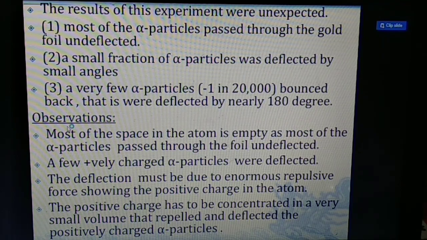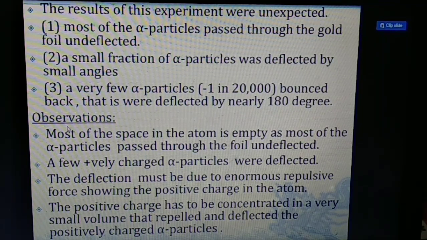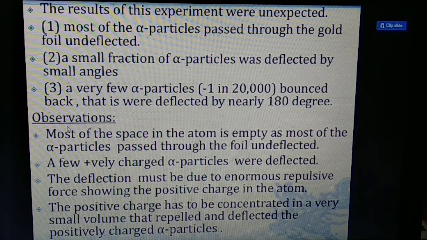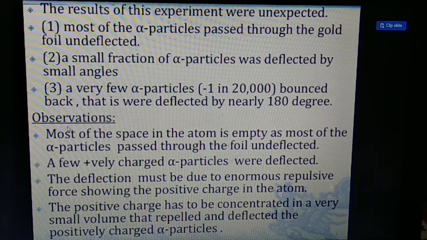It means the maximum space of the atom, students, is vacant. Second, a small fraction of alpha particles was deflected by a small angle, and very few alpha particles bounced back, that is, were deflected by nearly 180 degrees. So these are the observations of the alpha ray gold foil experiment.